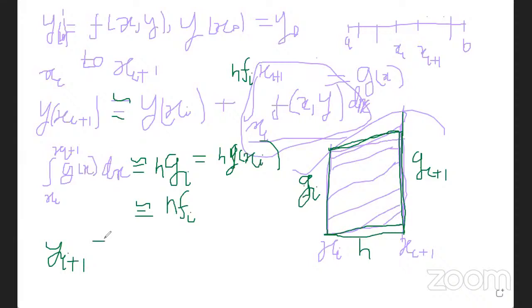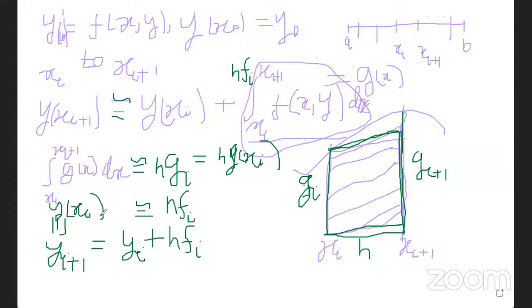So yi plus 1 equals yi plus h fi, and yi plus 1 or yi are approximations to y at xi.